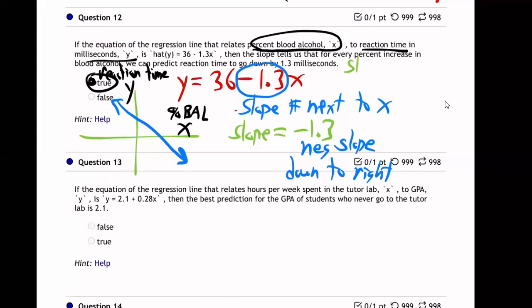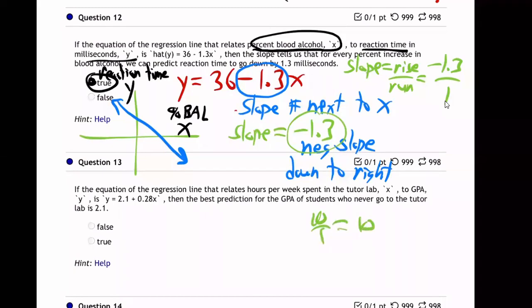So what is our slope? Right there. It's not a fraction, but you remember, you put it over 1. Anytime you have a whole number, you can put it over 1. Negative 1.3 divided by 1 is the same as negative 1.3. If I go 10 divided by 1, that's just 10, isn't it? Dividing by 1 doesn't change anything. So if they give you a slope number and it's not a fraction, just stick it over a 1.